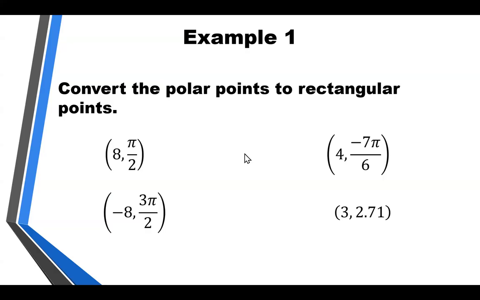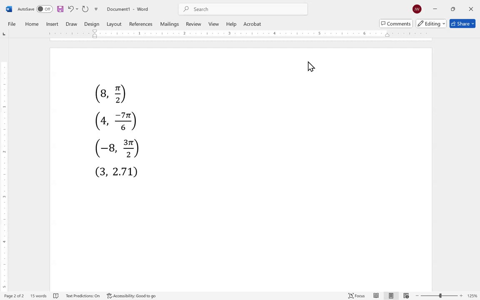Just push pause on the video and realize that every time we're doing this, we're using radians. And so make sure your calculator is in radian mode. These 4 points are in polar form, so we want to convert them to rectangular form. So let's go ahead and do that.